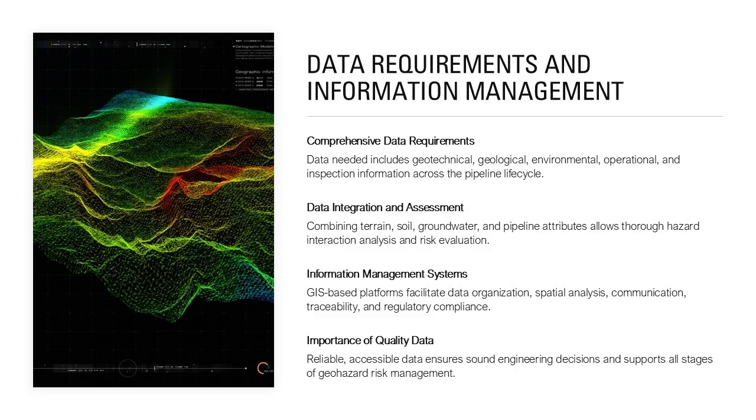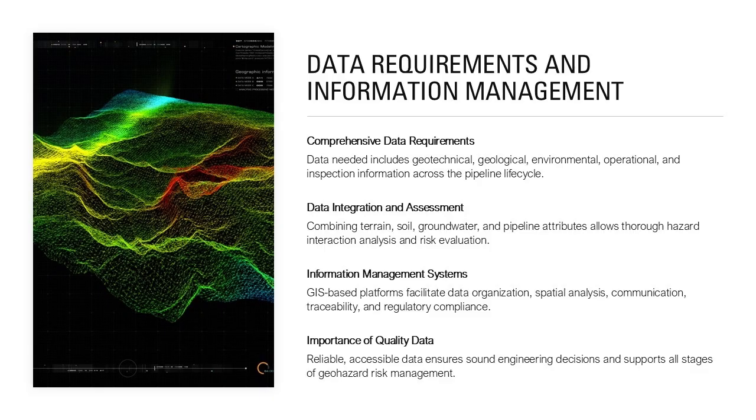Key data types include terrain and elevation models, soil and rock properties, groundwater conditions, historical geohazard events, monitoring results, and pipeline attributes such as material grade, diameter, wall thickness, and operating pressure. Integrating these datasets allows engineers to evaluate how hazards interact with pipeline design and operating conditions. Data gaps or uncertainties should be clearly documented and addressed through targeted investigations or conservative assumptions.